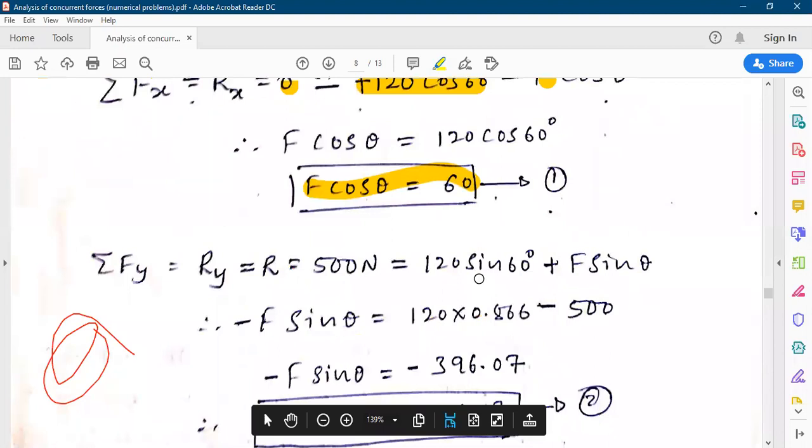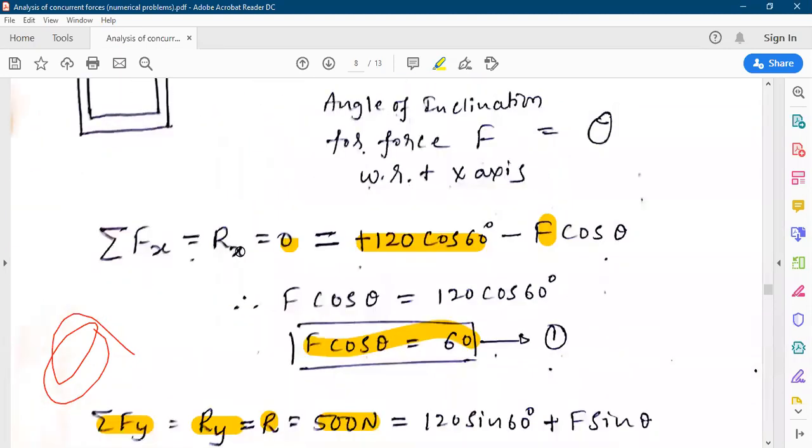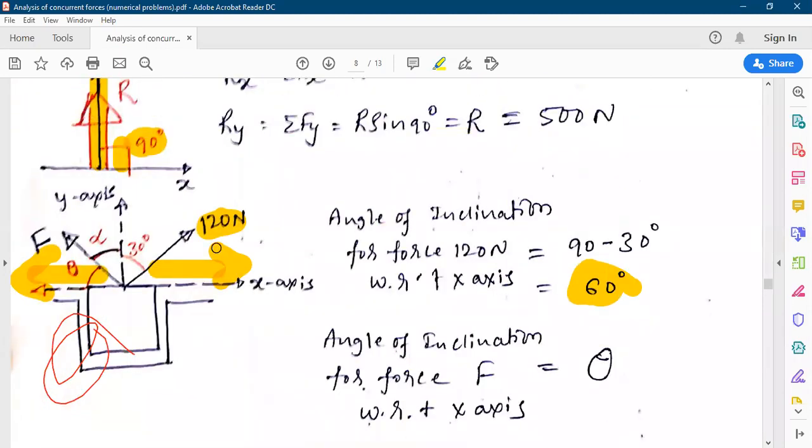Similarly, resolve all the forces into y components. Both forces we have to resolve into their y components, then add them to get sigma Fy. This sigma Fy is equal to R, which is 500 Newton as given in the question. Now resolve the force 120 along y direction. Find out its y component.